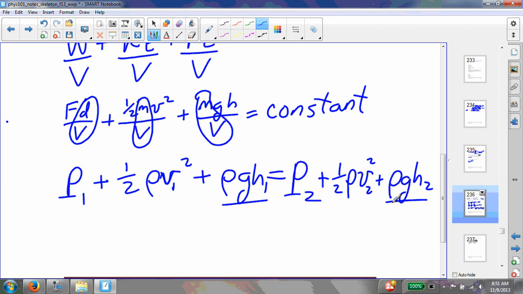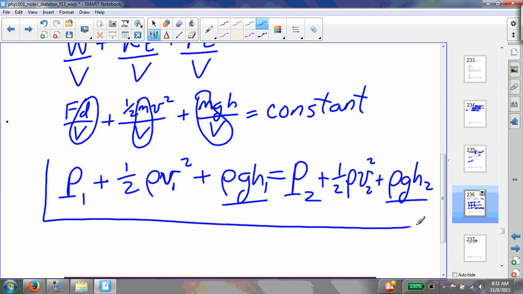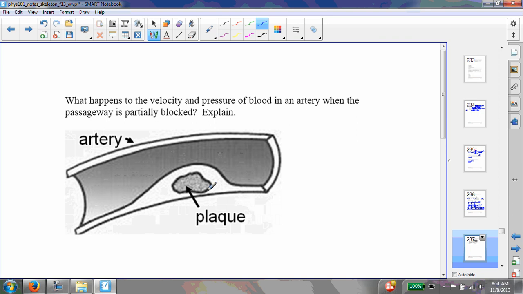There's some interesting things that come up with this. By the way, I think you have a homework question where you actually have to apply this to find either the pressure or the velocity. One application is in an artery. So when I have an artery where I have this blockage, so I have a big area right here. This is my A1, and then I have a smaller area right here.